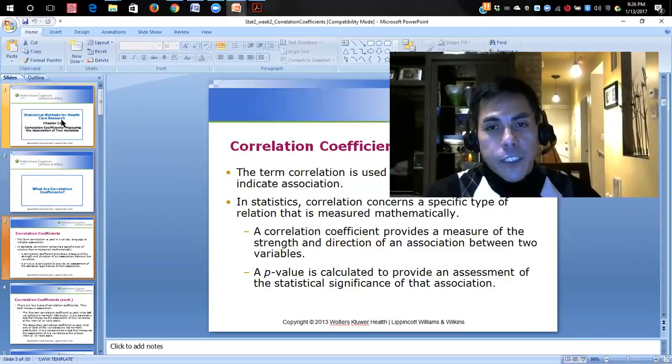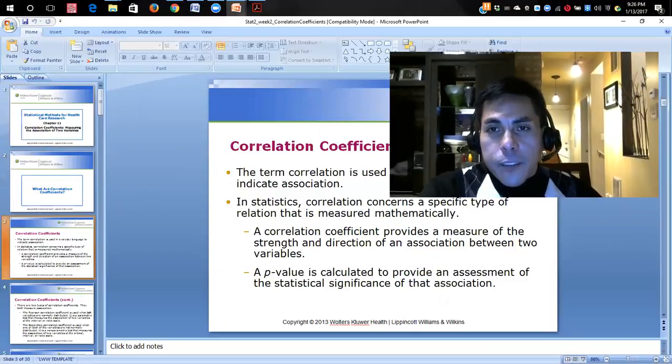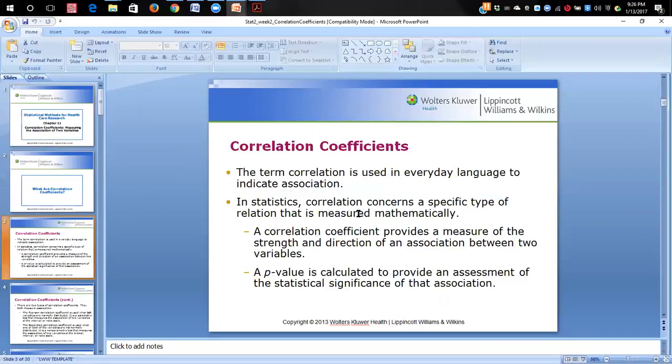So what are correlation coefficients? Correlation is indicating, in layman's terms, association. It is concerned with a specific type of relationship, and it's measured mathematically.